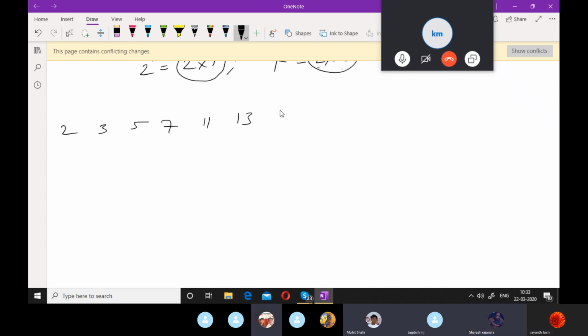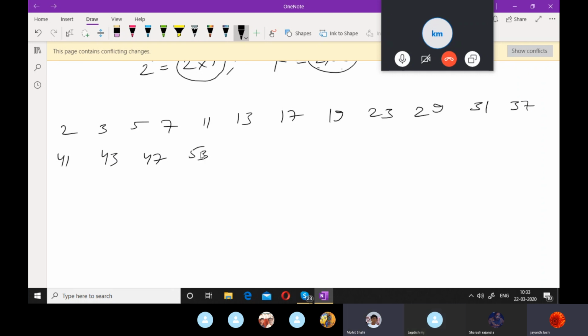Divisible by 9, 3 squared. Same: 2, 3, 5, 7, 11, 13, 17, 19, 23, 29, 31, 37, 41, 43, 47, 53.